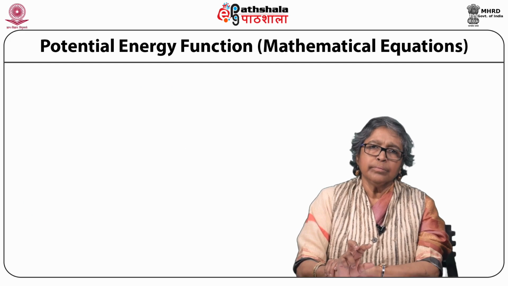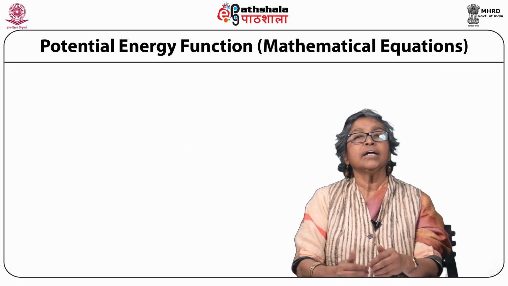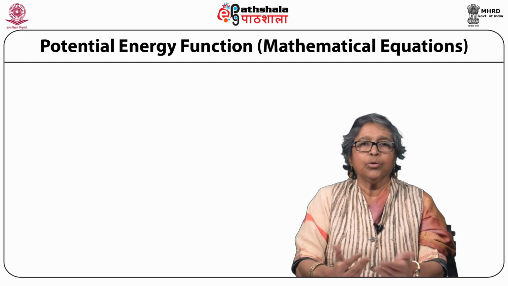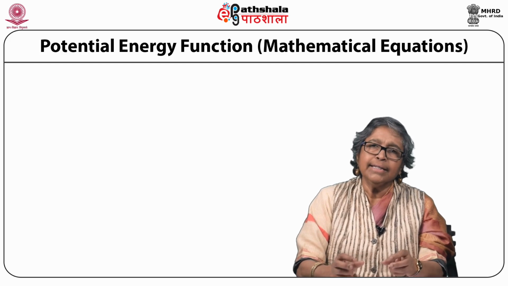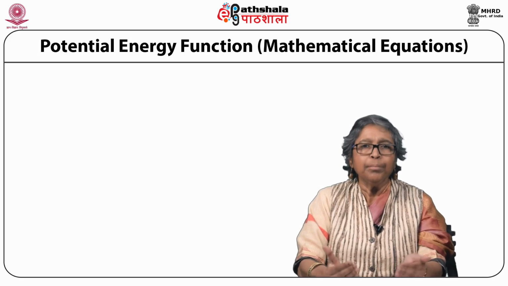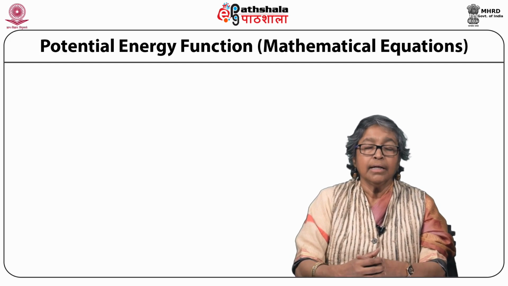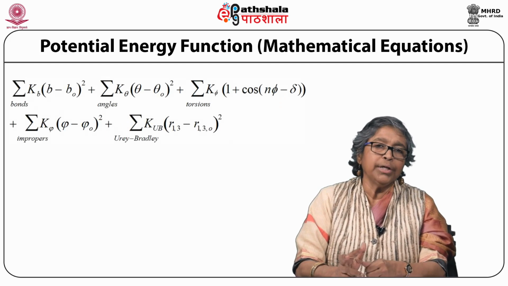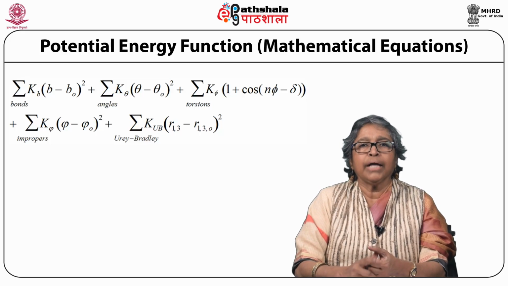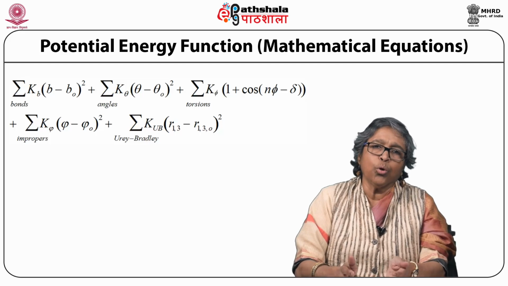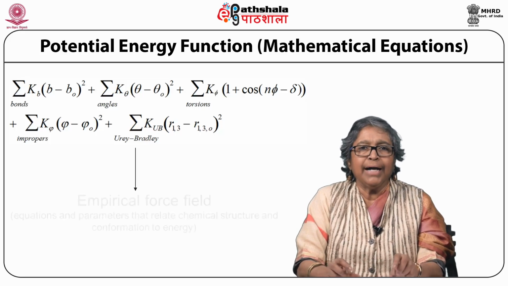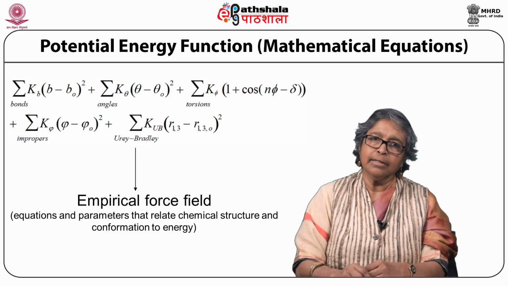Here I am showing you the potential energy function, its mathematical equation. Basically, it is a mathematical equation which states something similar to potential energy functions. The terms shown at the top refer to the bond length, bond angle, and torsional angles. And this is specified as an empirical force field.